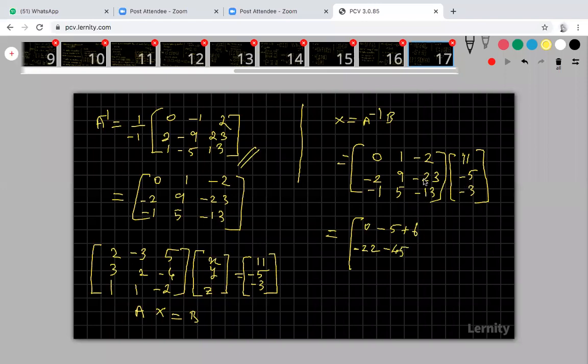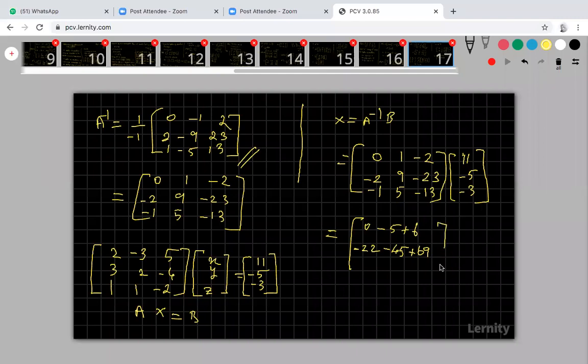This is 9 into minus 23 into 3. So minus 23 into minus 3, minus into minus is plus, so 3 into 23. Therefore this is 69.